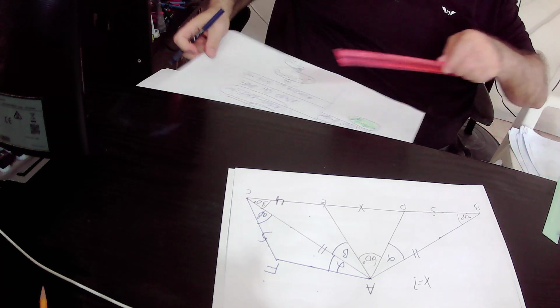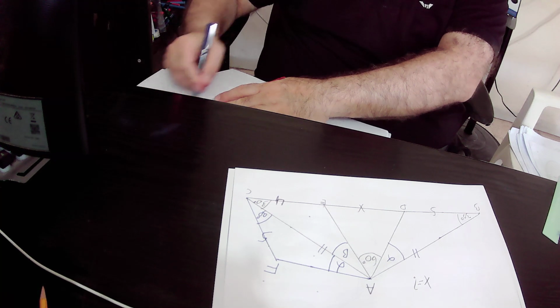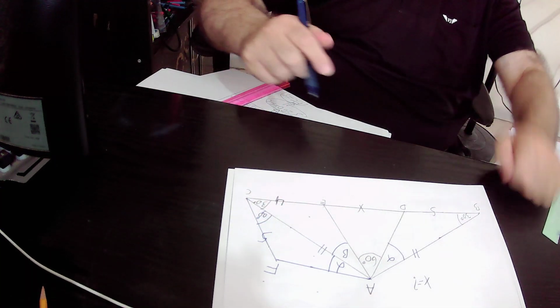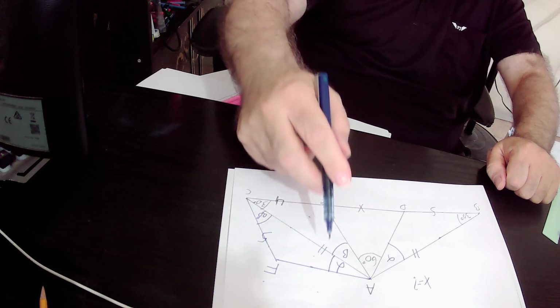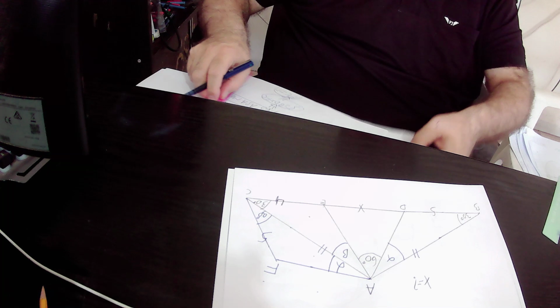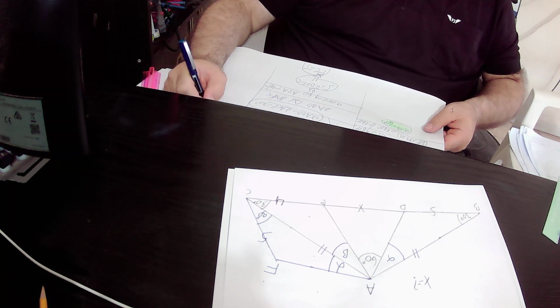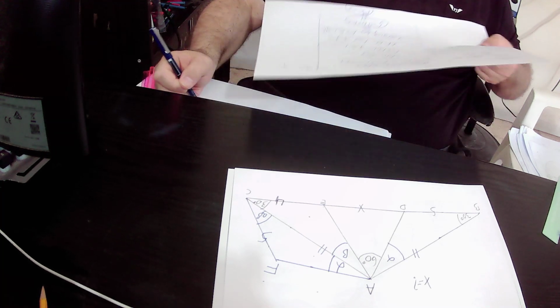In addition, the second thing that we conclude from the fact that those two triangles are congruent is that side AD of triangle ABD is equal to side AF of triangle AFC. AD equals AF.